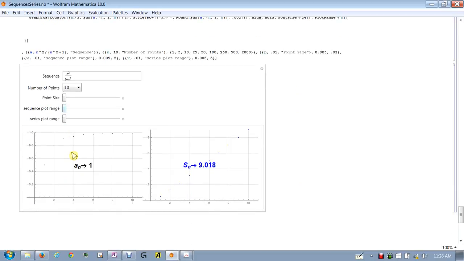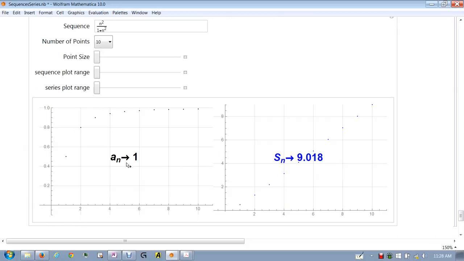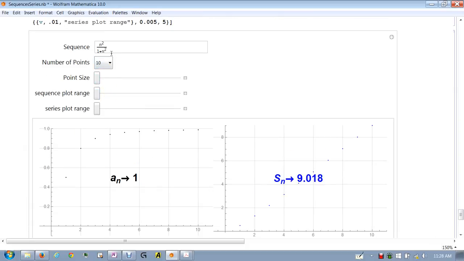Okay, so here's an example. I have right here a sequence a sub n. It is defined to be n squared over 1 plus n squared. I think we looked at something like that earlier, right? We said that it converged to 1, didn't we? The sequence converged. But look at what the nth partial sums do.